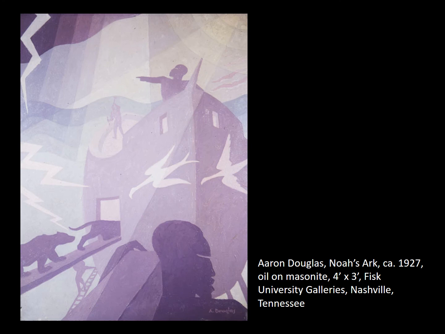Here we could see the figures are all incredibly flattened, and we can see these transparent sort of angular planes. So it's a monochromatic palette, but he changes the depth or the saturation of the color. But it is a very two-dimensional image.